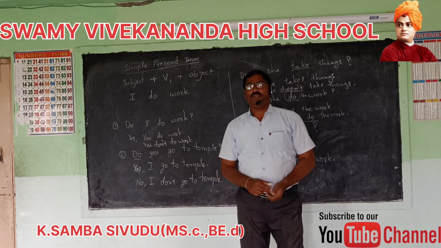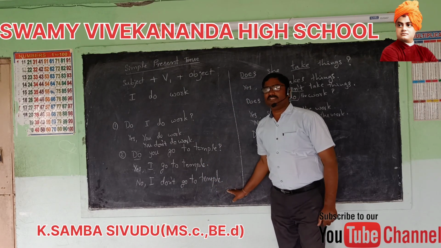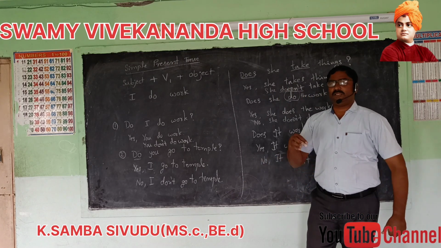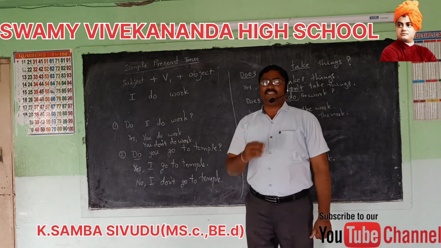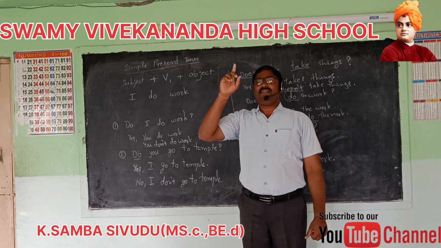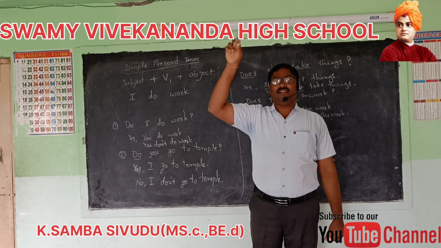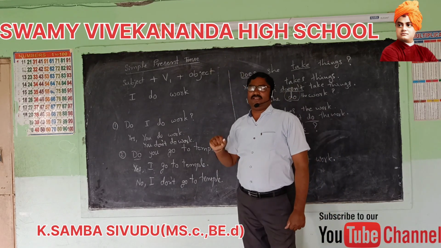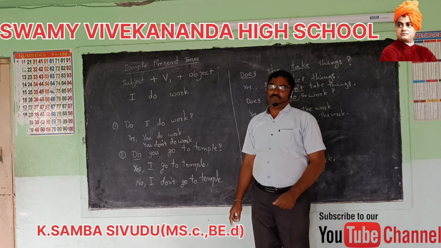So up to now we have seen the simple present tense. In simple present tense, we usually use sentences about historical things and universal things. The sun rises in the east. The sun sets in the west, a universal thing.